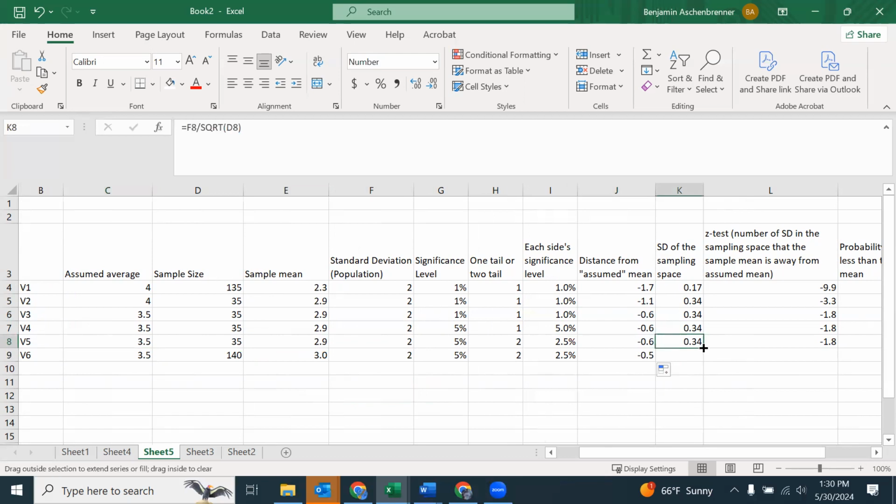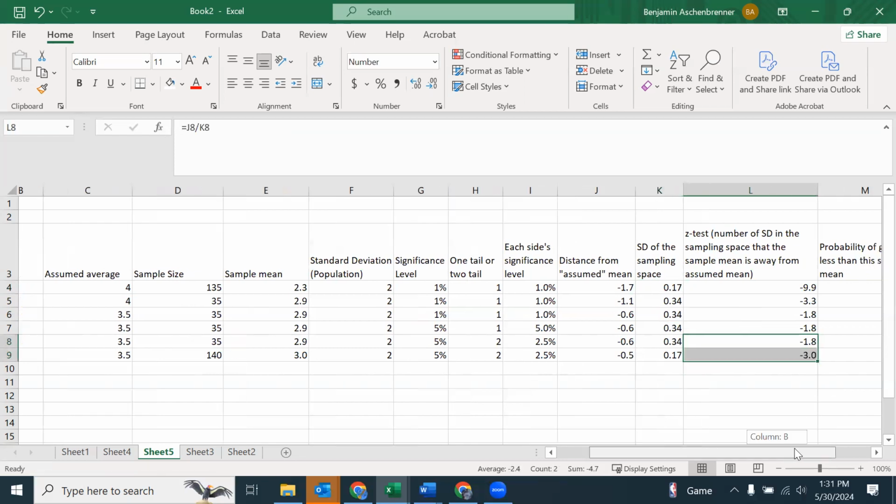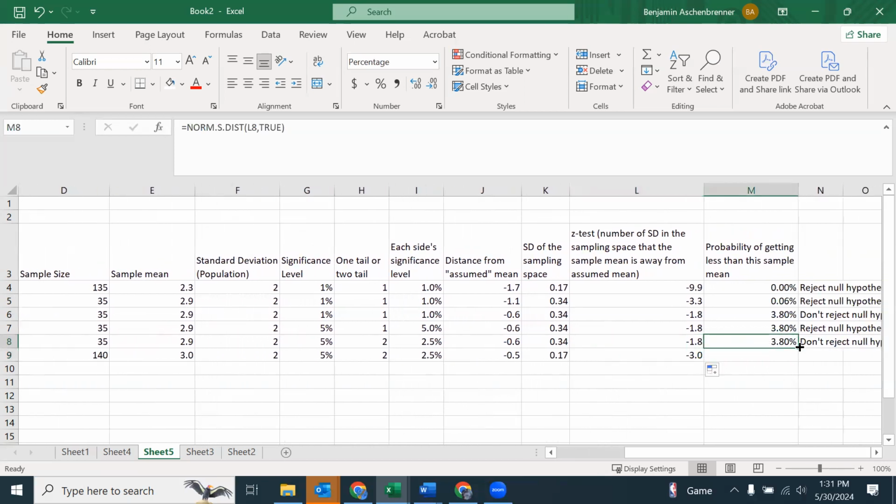The standard deviation of the sampling space is going to be back down to this kind of smaller level because I have a larger sample size, which means that I can be more confident of the region where the sample should end up around. That's the value of sampling more. And now I can throw in my z-test, and now I can look at my percentage, and I'm back to reject the null hypothesis.